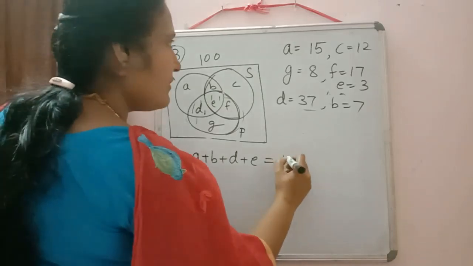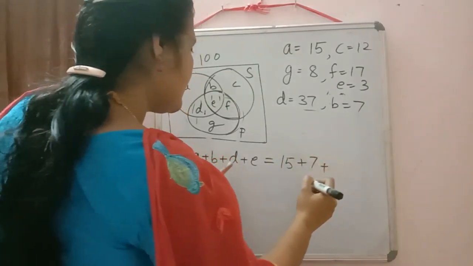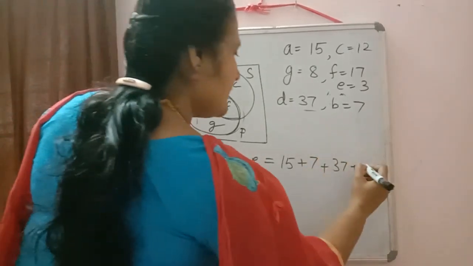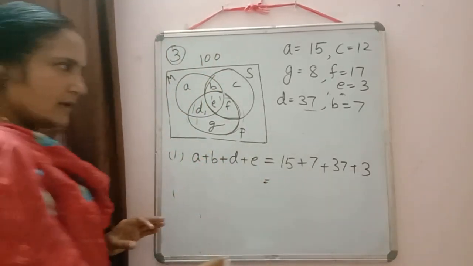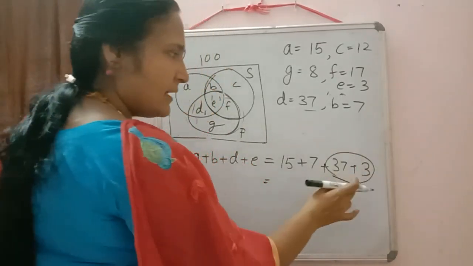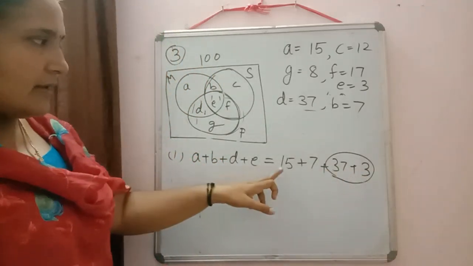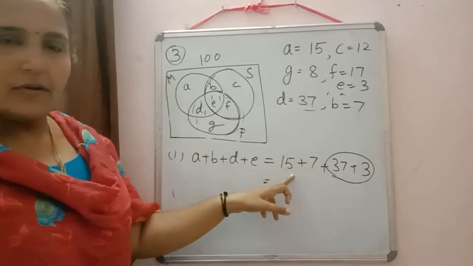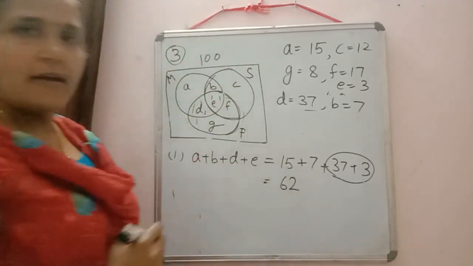In place of A we have 15 plus B 7 plus D 37 plus E 3. Now it depends on you how you can make your addition easy. 37 plus 3 will be equal to 40, and 15 plus 7 will be equal to 22. So 40 plus 22, we will get 62.